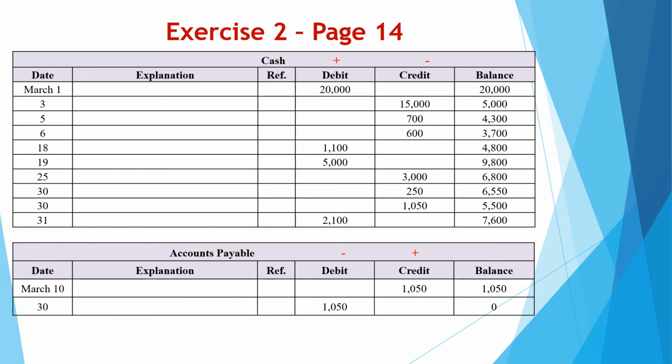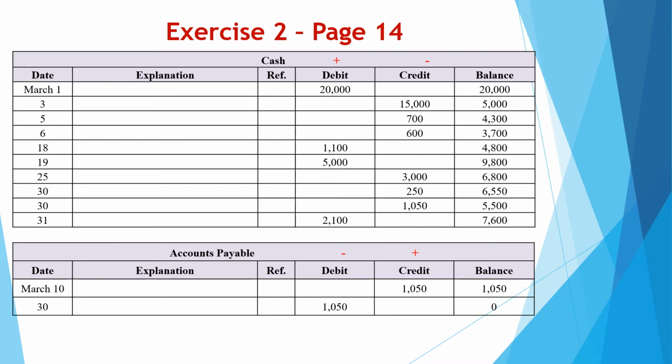We find that the first date the cash account appears in the general journal is March 1, and it was in debit for $20,000. How do we fill this information in the general ledger? In the first row, we have the date. The date should be similar to the journal, which is March 1. Explanation, we leave this cell empty.